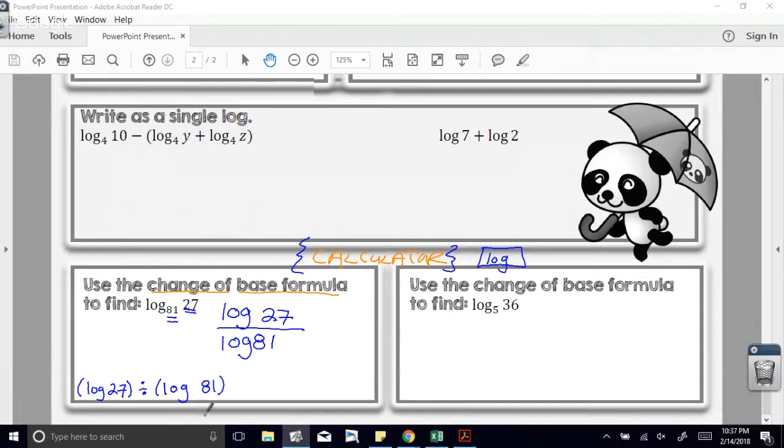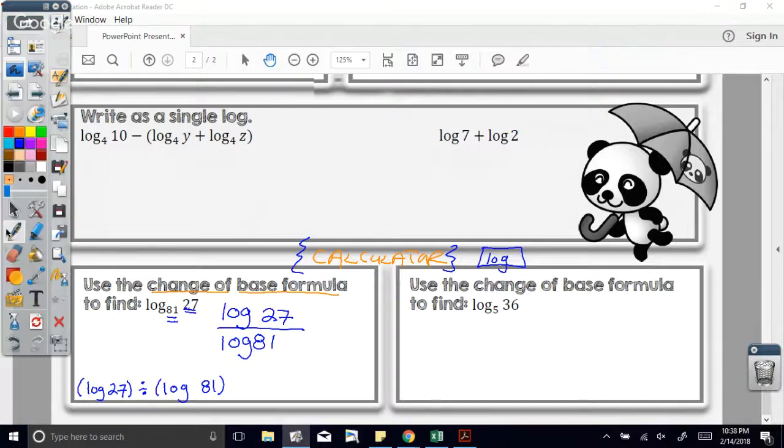the log of 81. So I'll get my calculator real quick and I'll show you what this kind of looks like. Let's see.